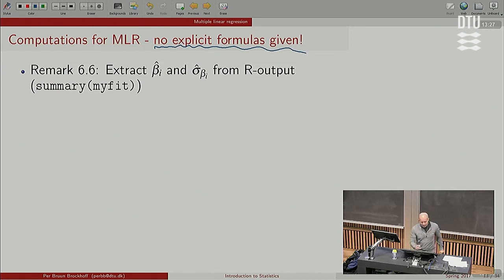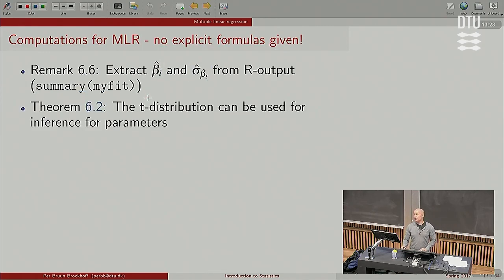Instead, I'm telling you in a remark that what you should be able to do is to extract those coefficients and their standard errors, their uncertainties, from the R output, from the summary. You can already do that because I taught you for 1 x last time, and it's the same story today.